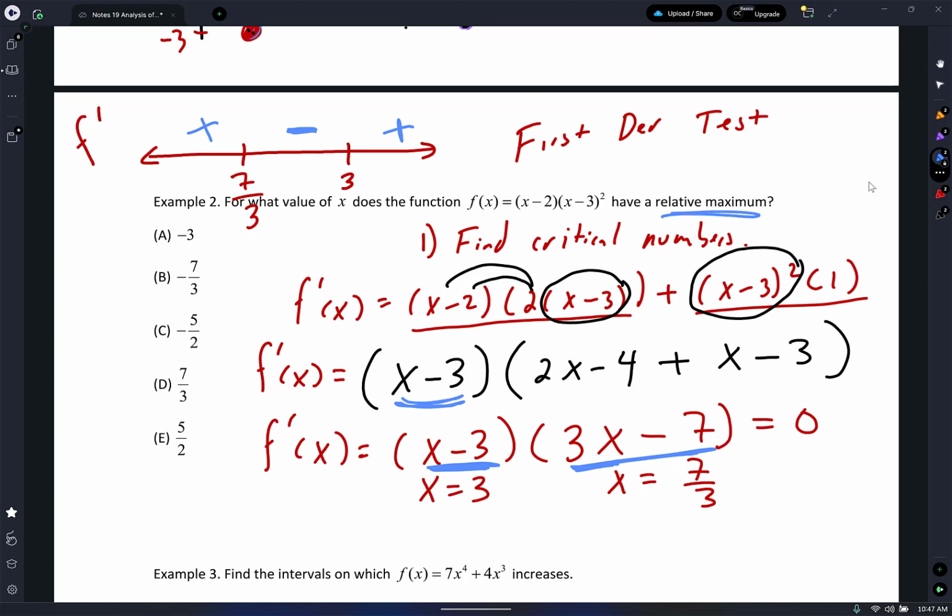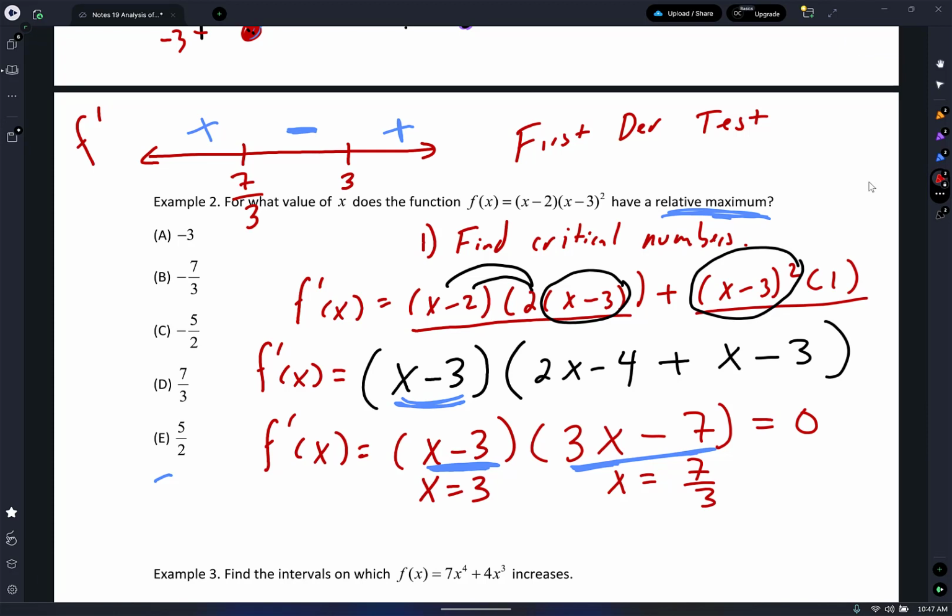They want a relative min. I have a min when the derivative goes from what to what? Negative to positive. So where do I have a min? I don't have one. Did I mess up? I think it's supposed to be a maximum. Oh, it says relative max. Man, I don't know how to read.